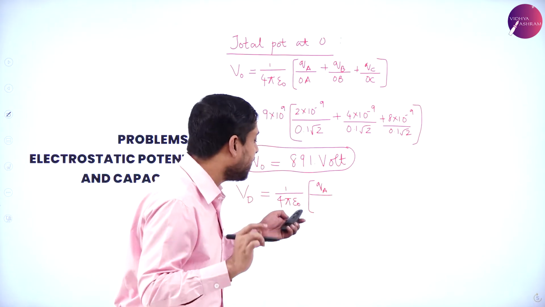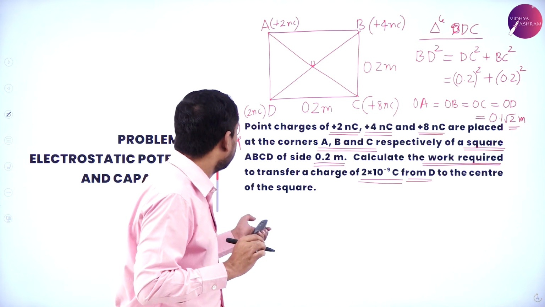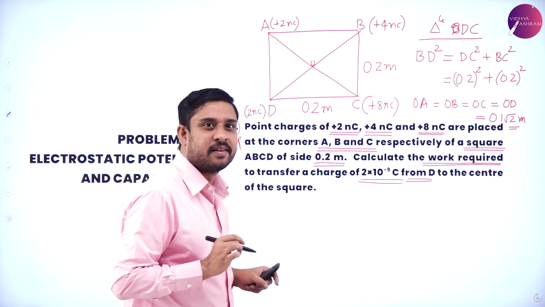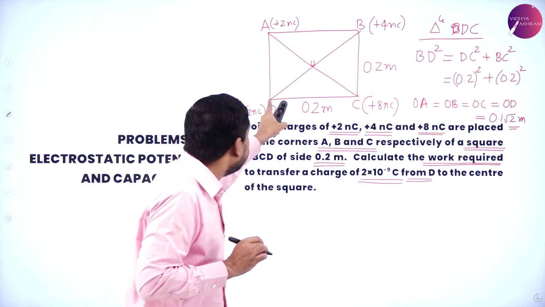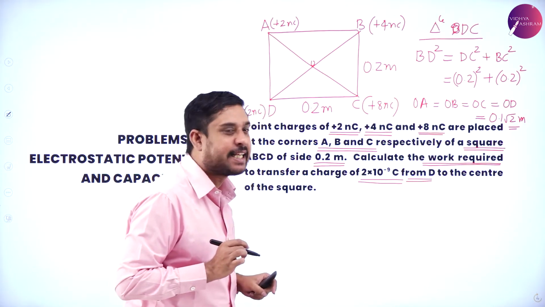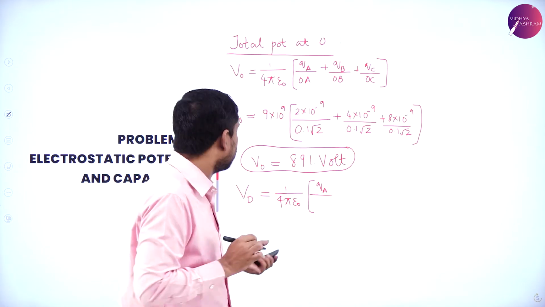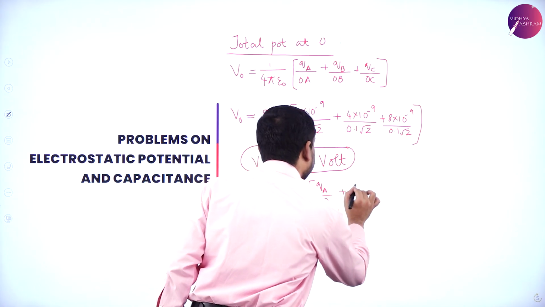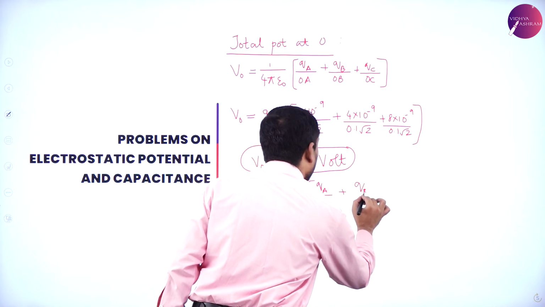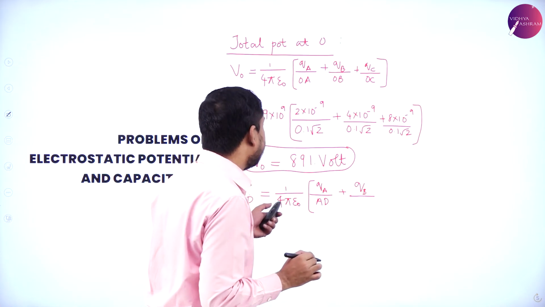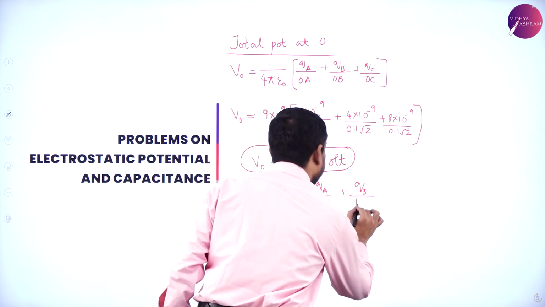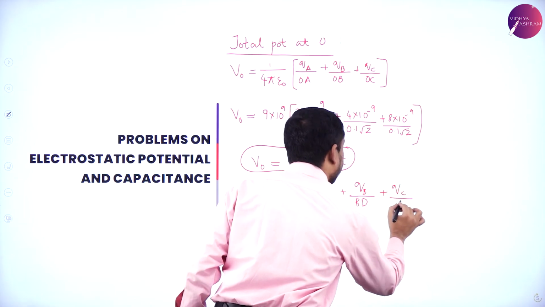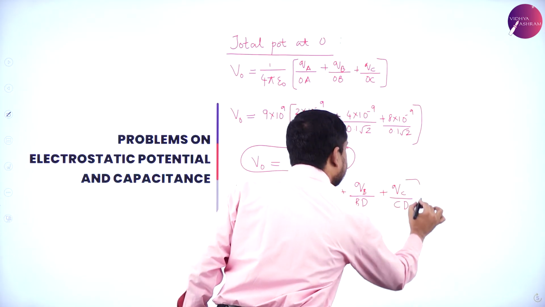Now observe carefully. The distance is AD, potential at D due to the charge at A. So this is QA by AD plus QB divided by BD plus QC divided by CD.